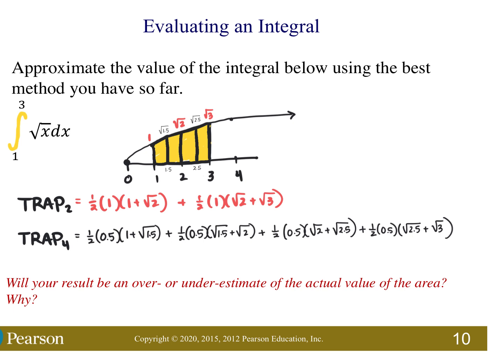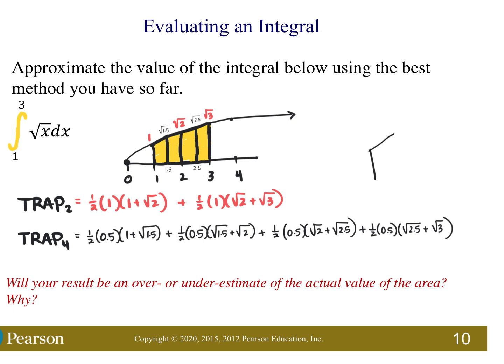Now, usually it'll be specified for you how many you need to have. Would your answer be an over or an underestimate? Well, we want to look at the concavity of this curve. This square root graph is concave down. And so anything that's concave down with a trapezoid, the traps are going to be underneath. See if you can picture that.